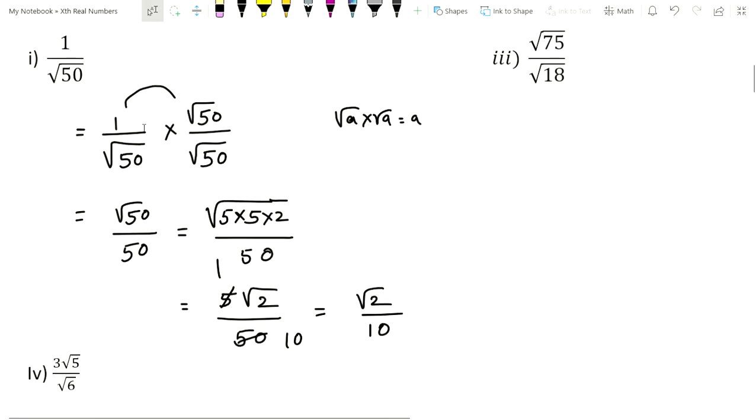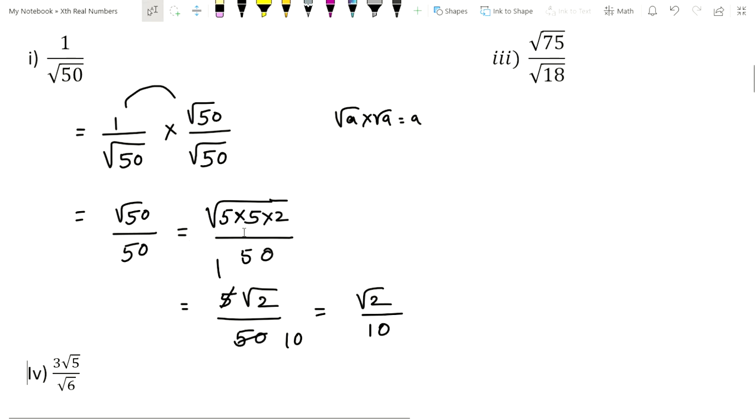Okay, so do you understand? 1 by root 50. We are going to rationalize the denominator. What is there in the denominator? We have to multiply the numerator as well as the denominator by root 50. So 1 into root 50 we get root 50, divided by root 50 into root 50, which is 50.